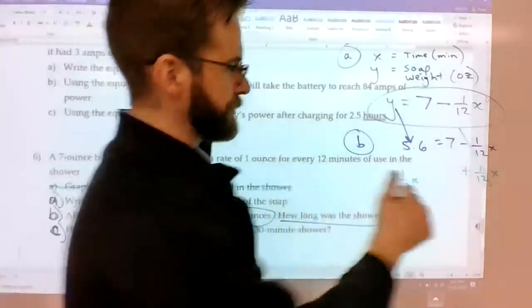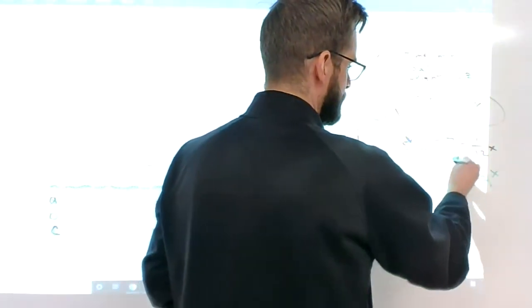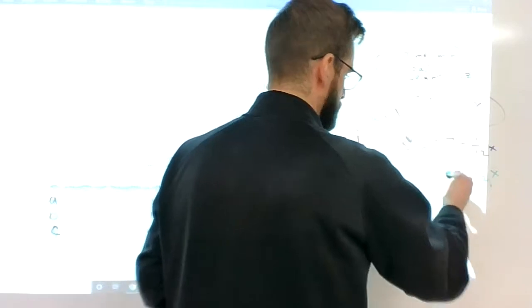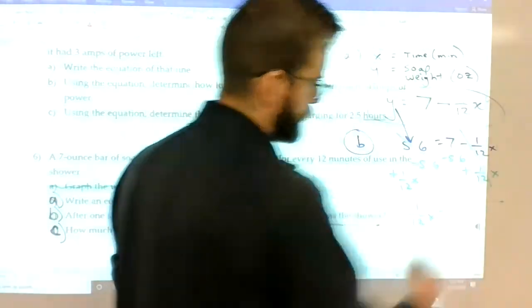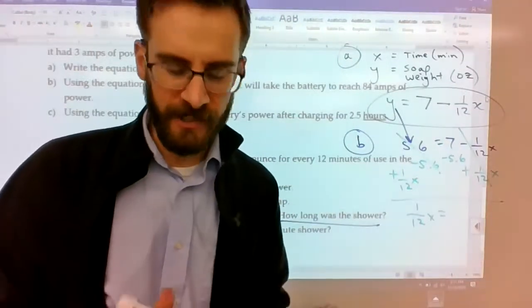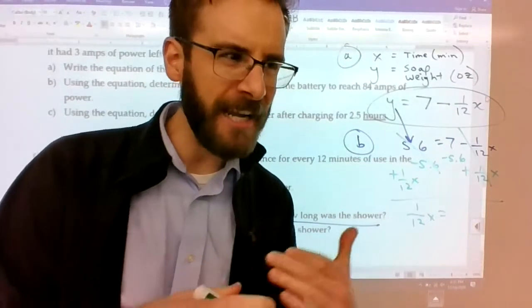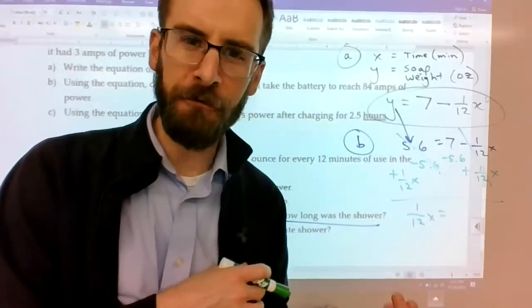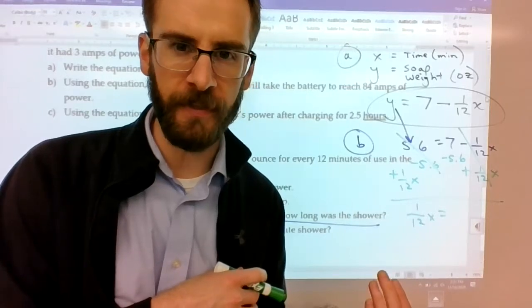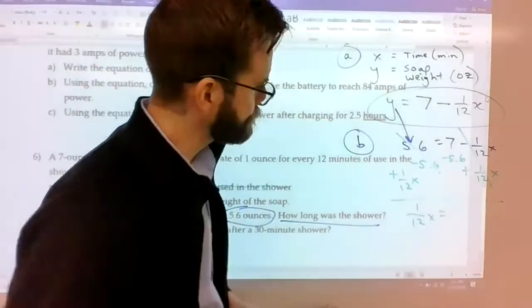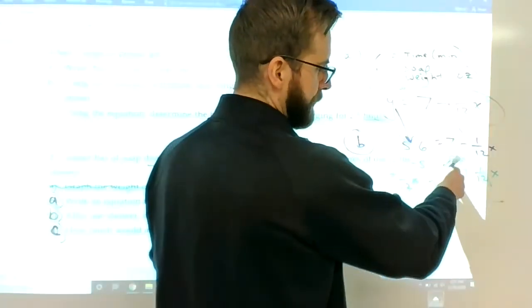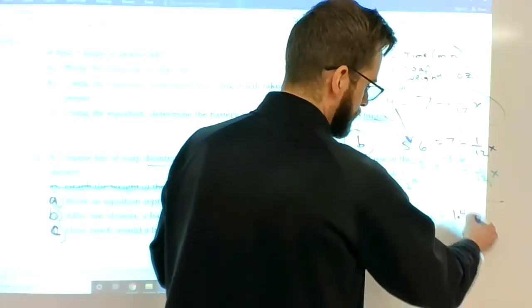Move the y term to the right. You get 1/12 x is equal to 7 minus 5.6. Think of it as 70 minus 56. That's a 14 number difference between the two. It's going to be 1.4. 7 minus 5.6 is 1.4.